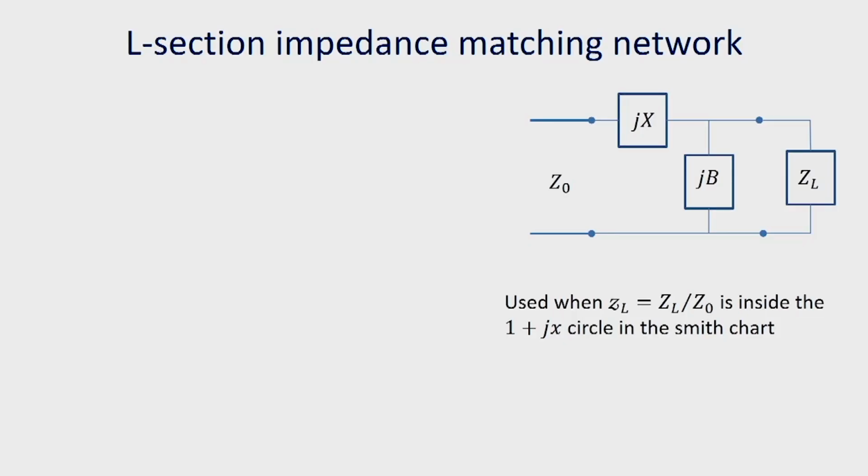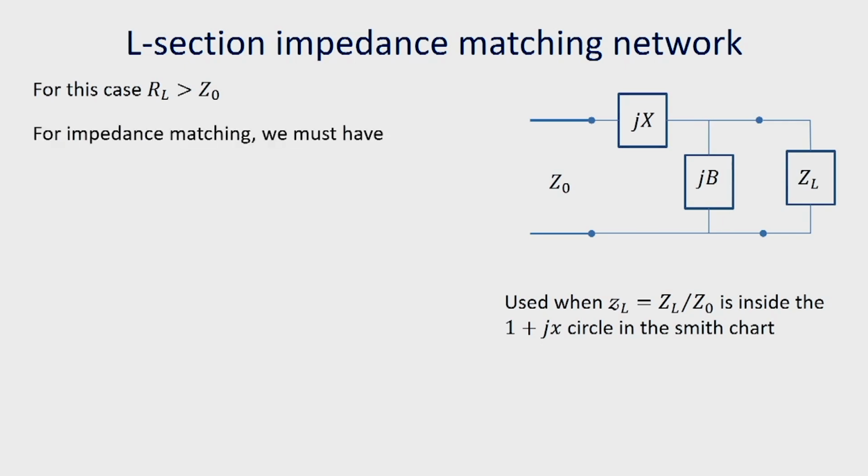Let us consider the L section matching network that is used for the case when RL, the real part of the impedance, is greater than Z naught. Now, for this circuit, in order to have the impedance matching, we must have the input impedance looking at this point equal to Z naught.